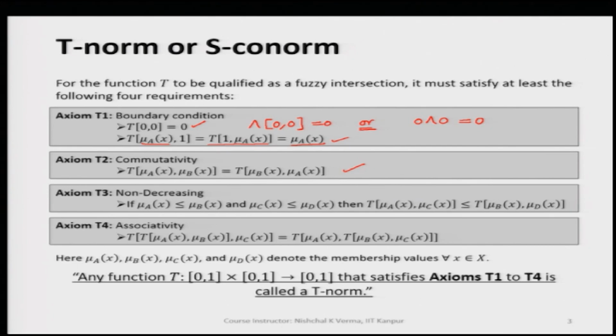Now, the next axiom is T 4, which is for the associativity property.